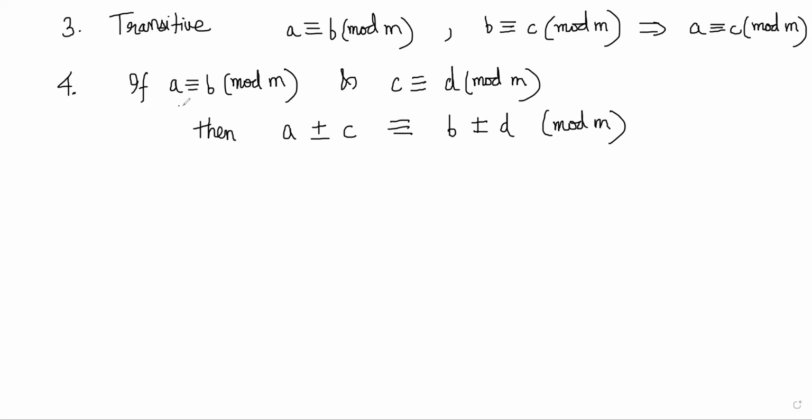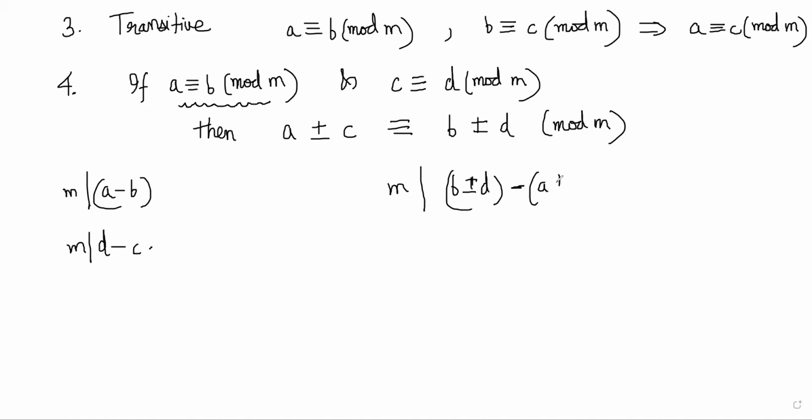So we know that here A is congruent to B mod M means M divides A minus B. Similarly, M divides C minus D. Now you can easily show that M will divide B plus minus D minus A plus minus C.